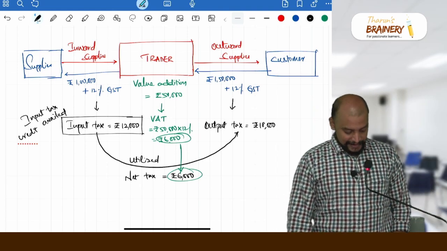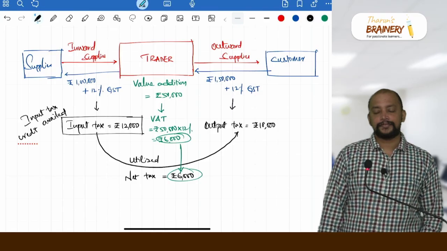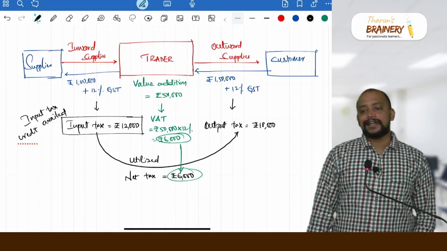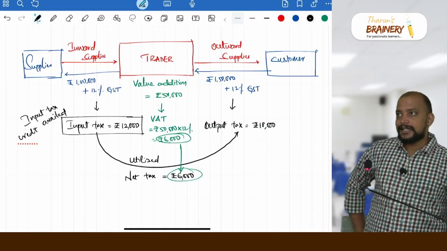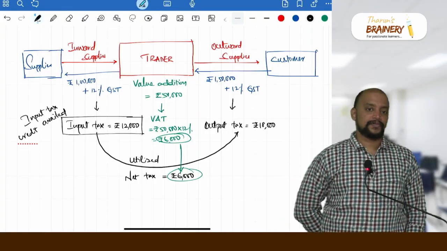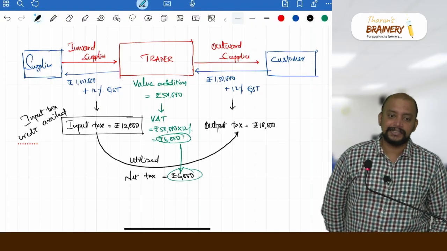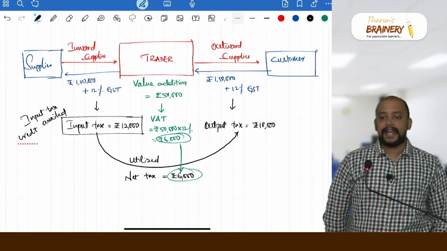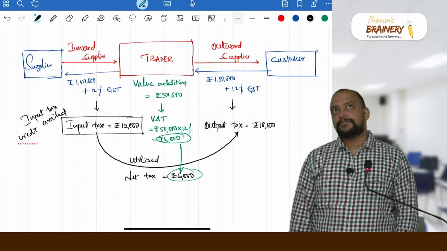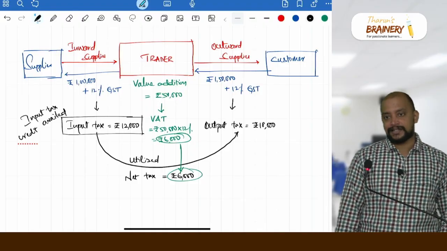Input tax credit refers to GST paid on inward supplies that can be availed and utilized for payment of GST on outward supplies.